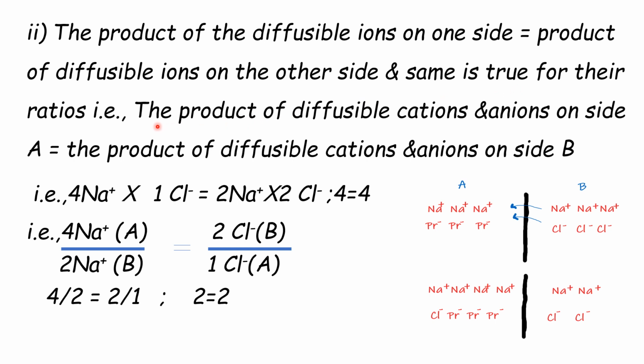That is, the ratios will also be equal. So I again repeat, the product of the diffusible ions on one side is equal to the product of diffusible ions on the other side, and the same is true for the ratios. So let us talk of this.